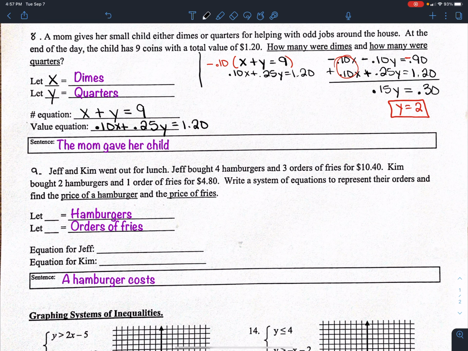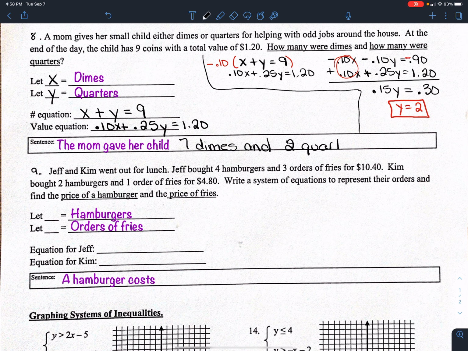So this child had 2 quarters. So we know if he had 2 quarters and he had 9 coins, he had to have 7 dimes. So the mom gave her child 7 dimes and 2 quarters.